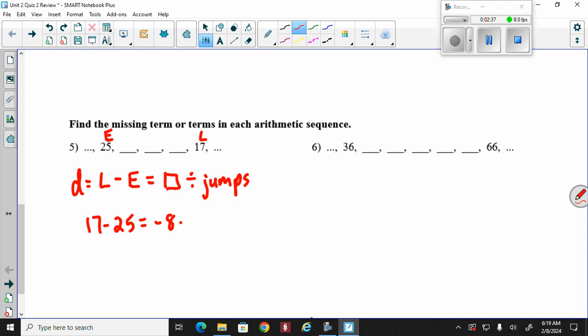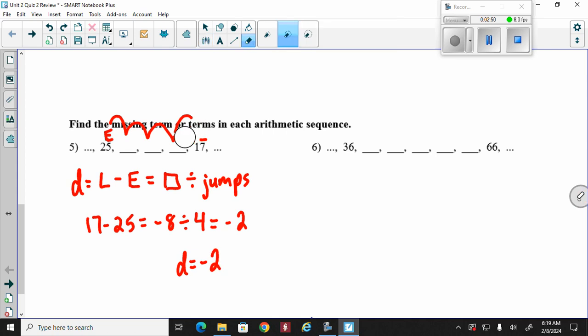I divide that by 4 jumps: 1, 2, 3, 4. So my common difference is negative 2, meaning I'm subtracting 2 every single time. So when I fill in the missing pieces: 25, 23, 21, 19, and then 17.